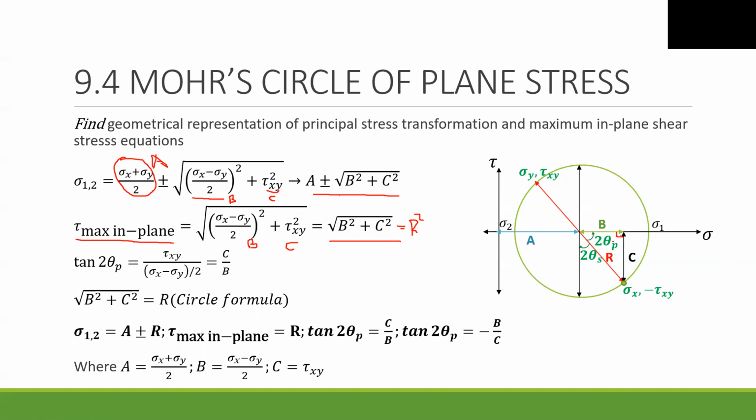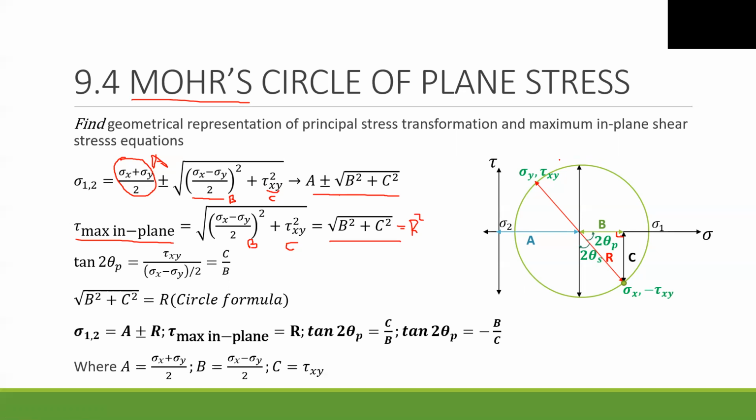You remember from the Pythagorean theorem that the square root of B squared plus C squared is equal to R. So if I draw all positions of B and C, we can obtain a circle. Maybe you can remember this from high school. So we can symbolize this equation as a circle function, Mohr's circle, and solve our problems by using the geometry equation.